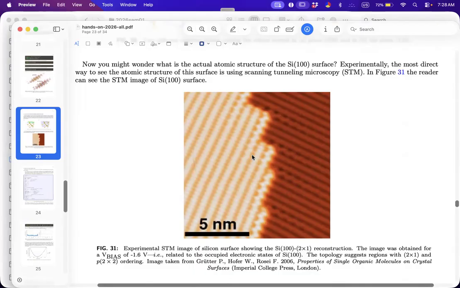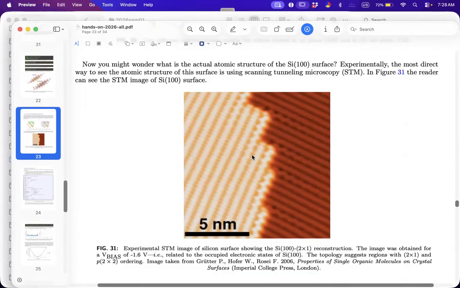amps from the final. So the experimentalists tell you, okay, I got this atomic scale resolution, but the problem is, where are the atoms, right? By intuition, you might think that the closer the tip is to the atoms, the brighter it is.